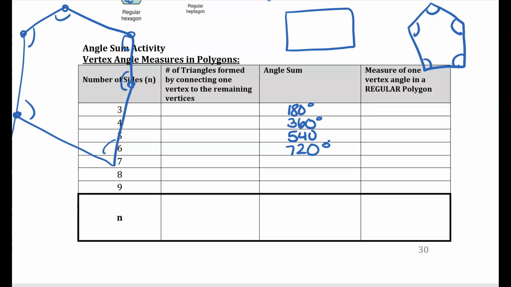These are not perfect looking polygons, but they all add up to 720. No matter what they look like, as long as they have six sides, the angle measures add to 720.